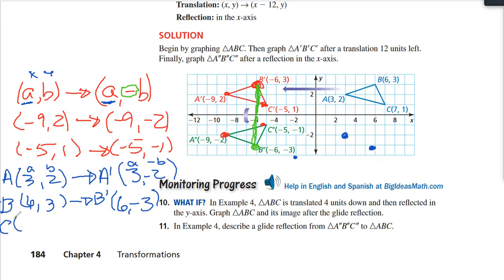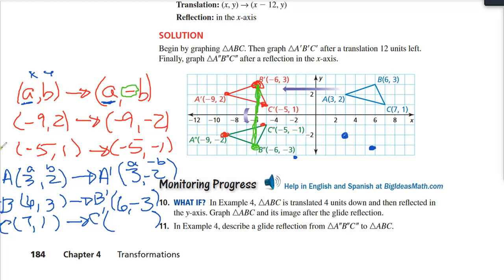Okay, C is 7, 1. What's C prime? Yes, Luis and Vianney, you're both right.